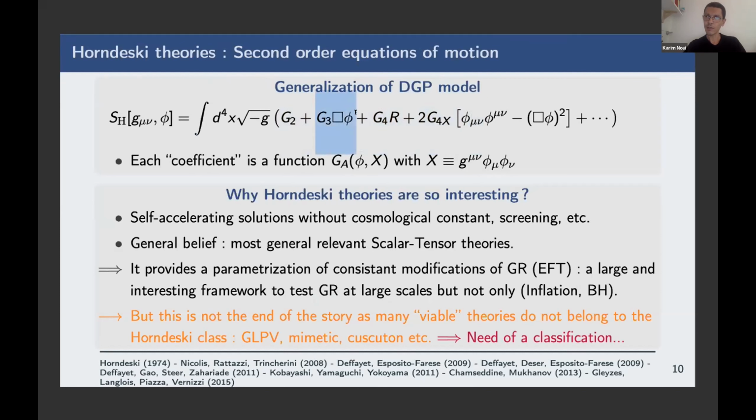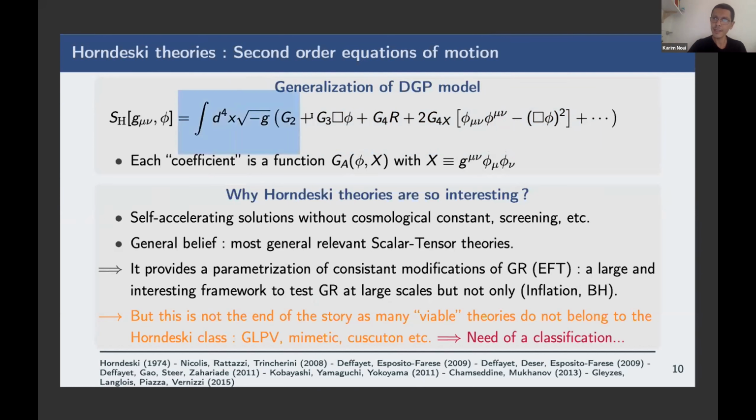See, DGP was only this Lagrangian. But then you can consider more general Lagrangians that would contain second derivatives of the scalar field. The DGP model is linear in the second derivative, but you can have terms which are quadratic in the second derivative, like the box phi squared. You can also have terms which are cubic in the second derivatives.